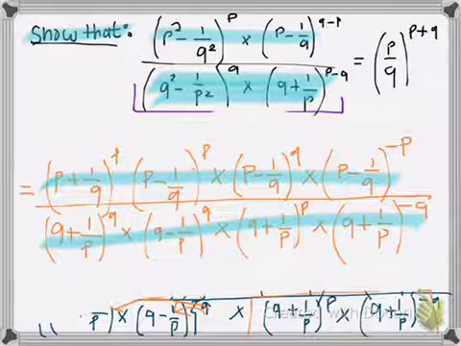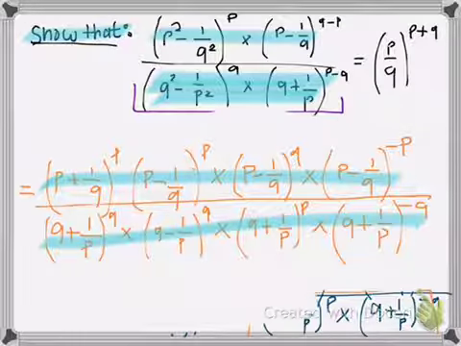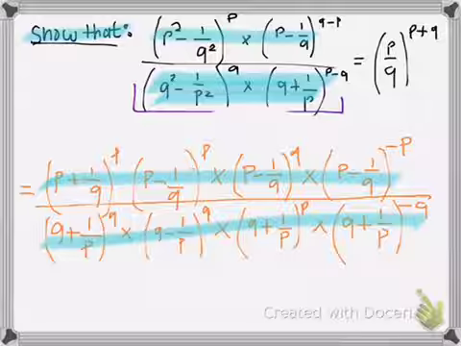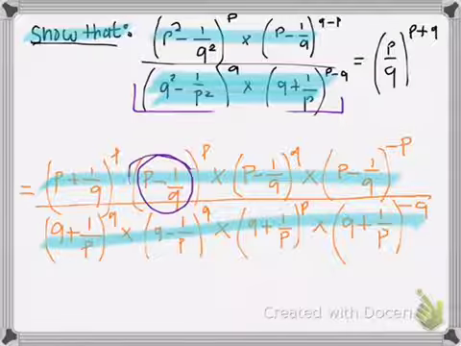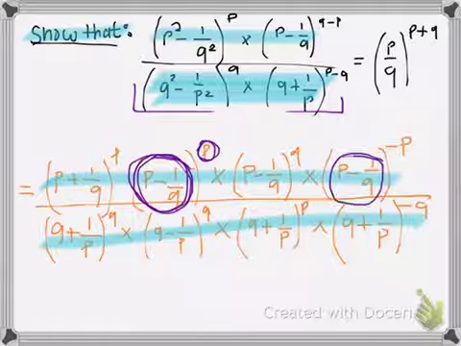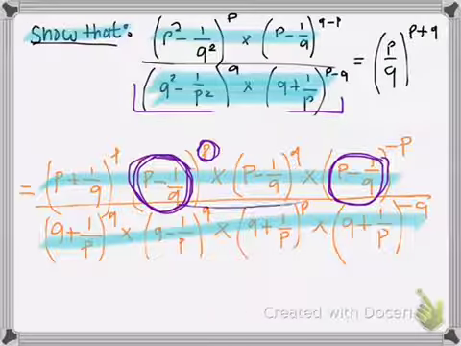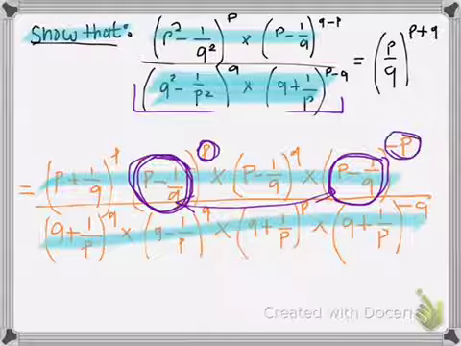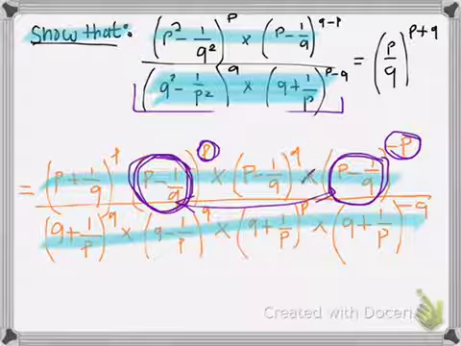Now let me get rid of this portion. We are almost at the end. Now I want you to know that this term p minus 1 by q has the power p, and we've got another, the same term p minus 1 by q. It's the same term, and it has the power of negative p, and they've been multiplied.